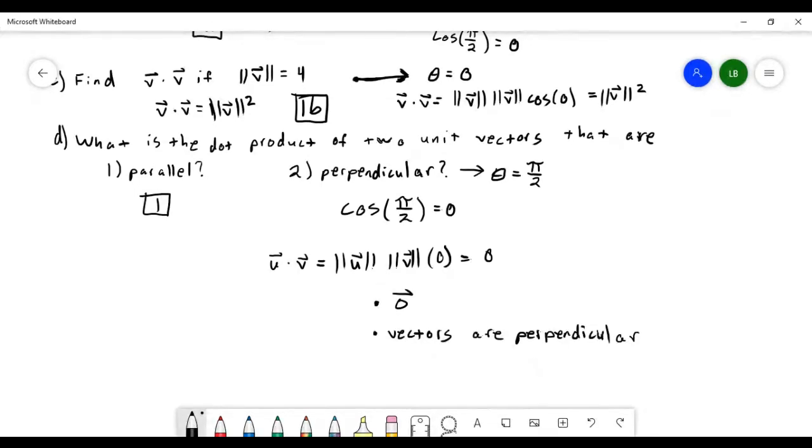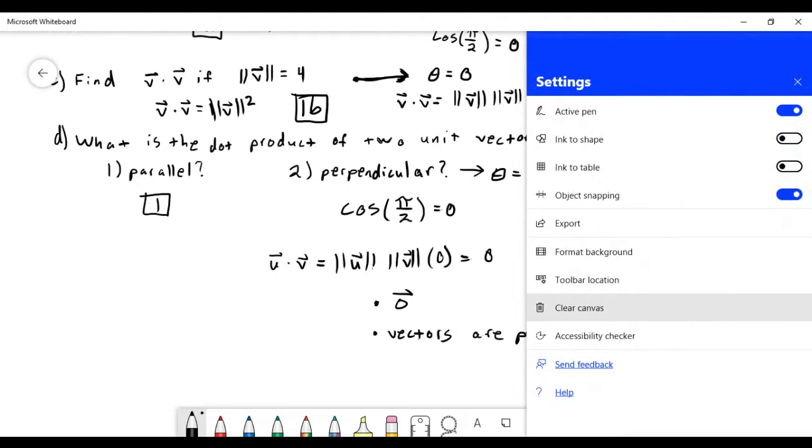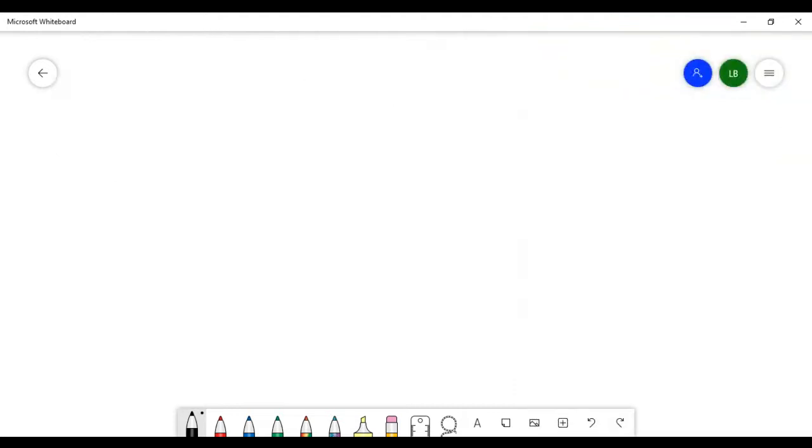Okay, we will move on to vector projections, which use the dot product. So let's say you have two vectors. Here's vector u, and here's vector v. And you are looking for the part of vector u that is going in the same direction as vector v.